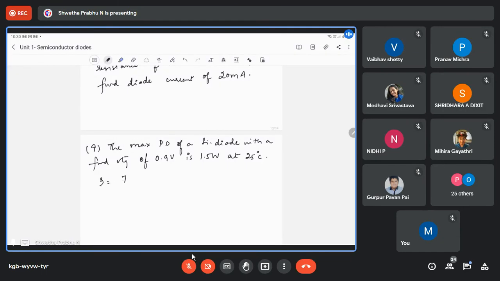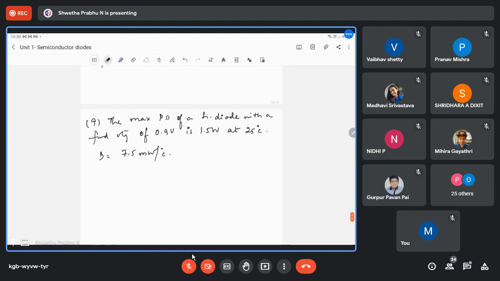Derating factor they have given to be equal to 7.5 milliwatts per degree centigrade. Question here is to find the maximum current at 25 degrees Celsius and 75 degrees Celsius.